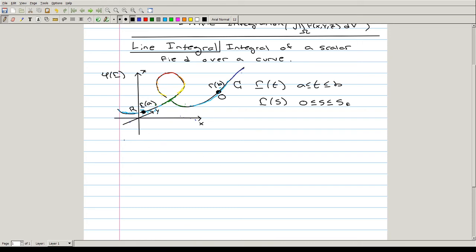The notation for this, and we'll see why this is the notation, is the following. We say the line integral over the curve C of phi of r with respect to s, where s is arc length here. This is the notation for the line integral.